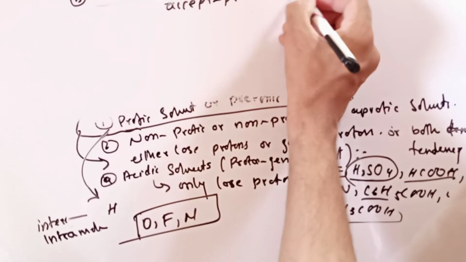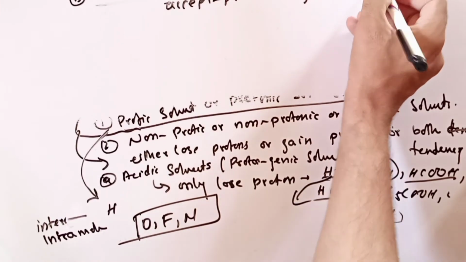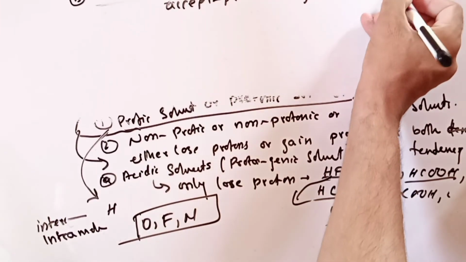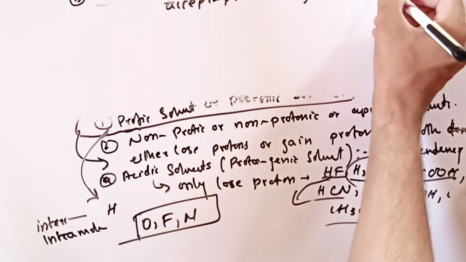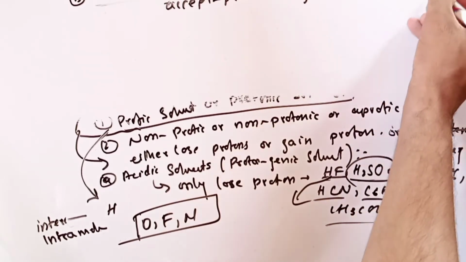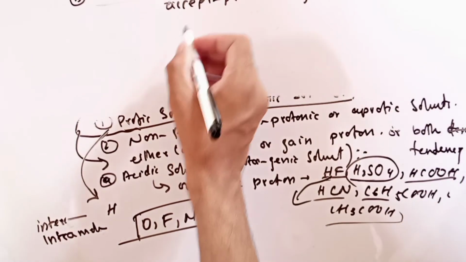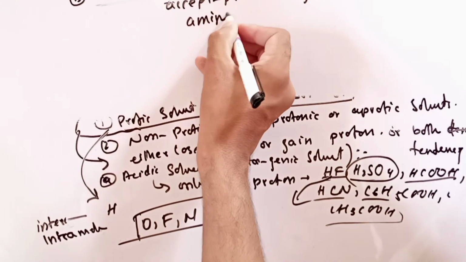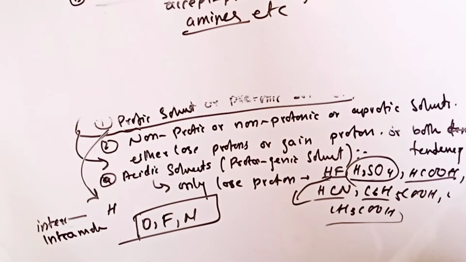For example, NH3, NH2, N2H4, NH2OH, and also amines, etc. These are all basic protic solvents.